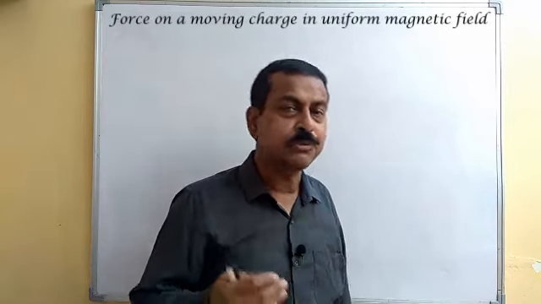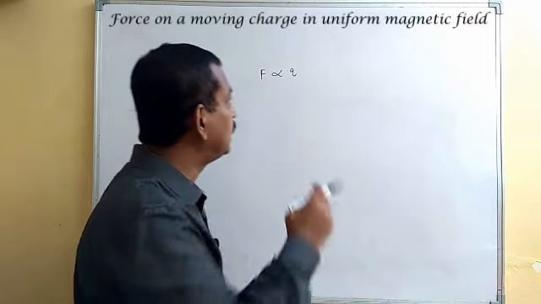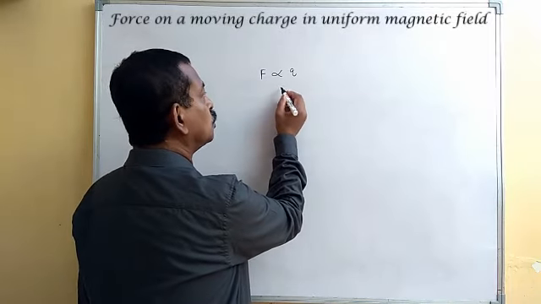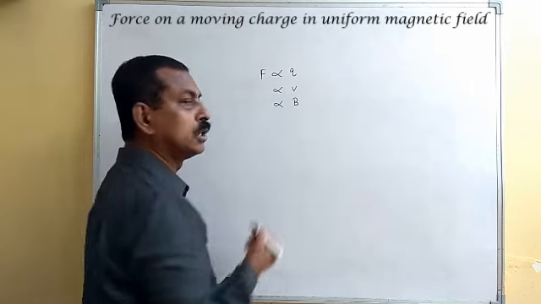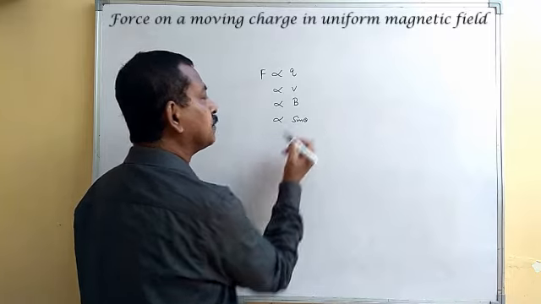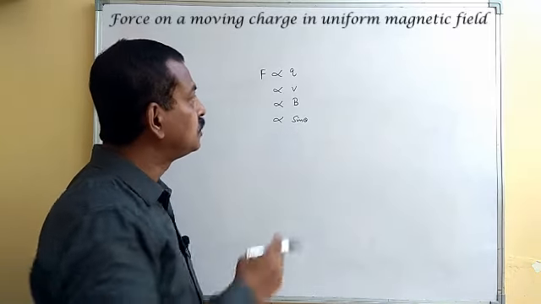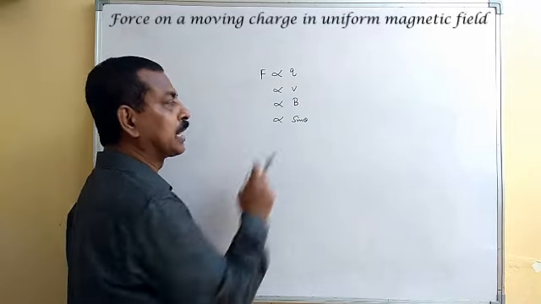So the force F experienced by a charge Q moving with velocity V in the region of magnetic field B is directly proportional to Q, V, B, and sine theta, where theta is the angle between the direction of velocity and magnetic field.